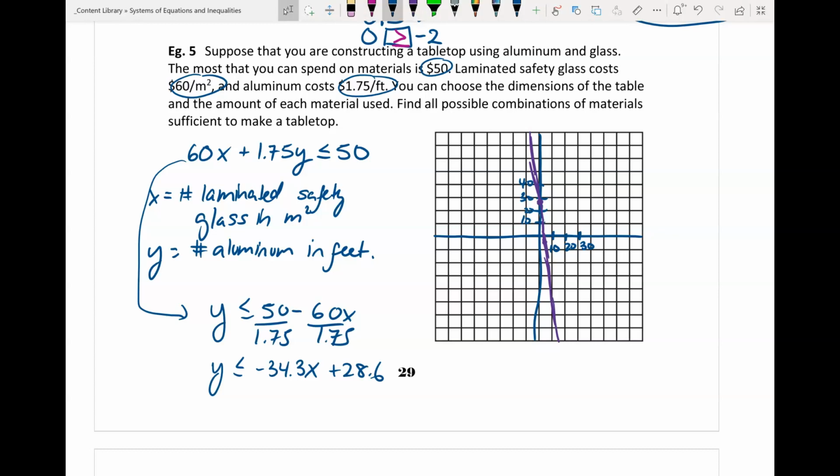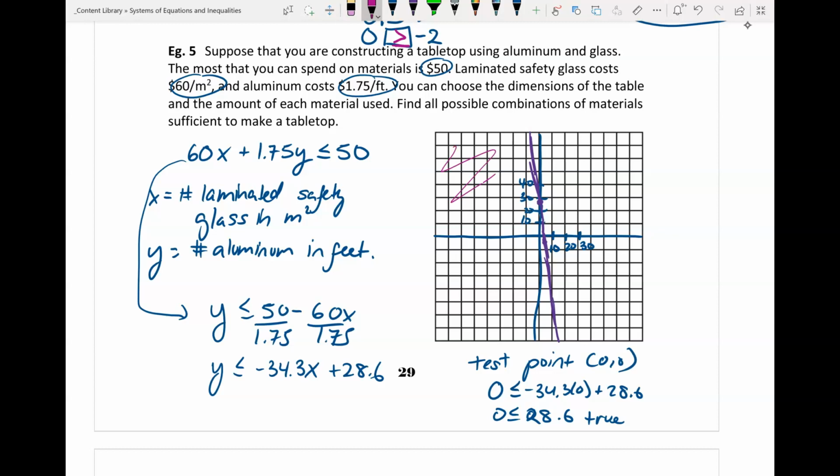It either has to be on the left side or the right side of our line, and we can do this using our test point to figure out which side. I'm just going to use (0, 0). So 0 is less than or equal to negative 34.3 times 0 plus 28.6. So 0 is less than or equal to 28.6, and this is true. I'm going to shade in the side that has the 0 in it then, which would be this side.